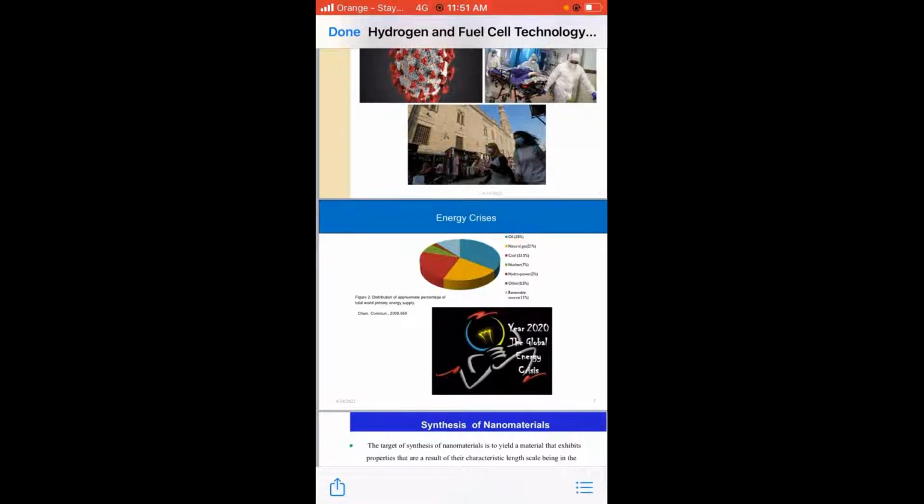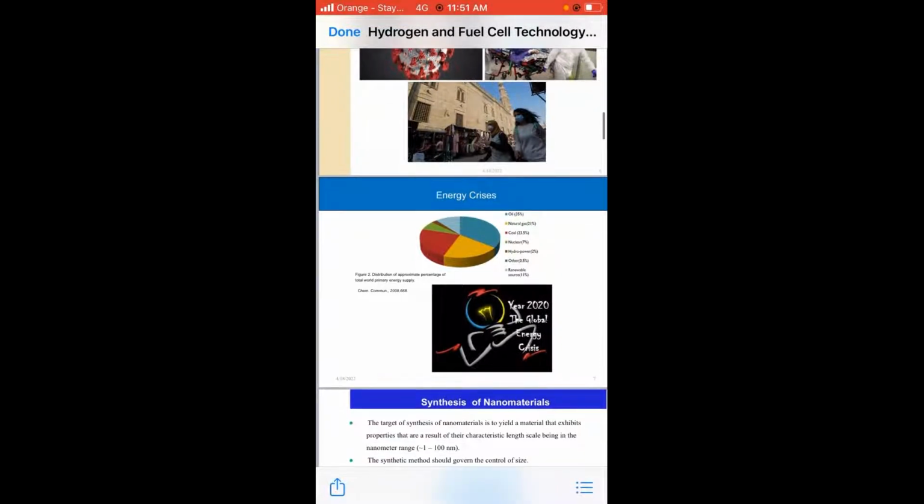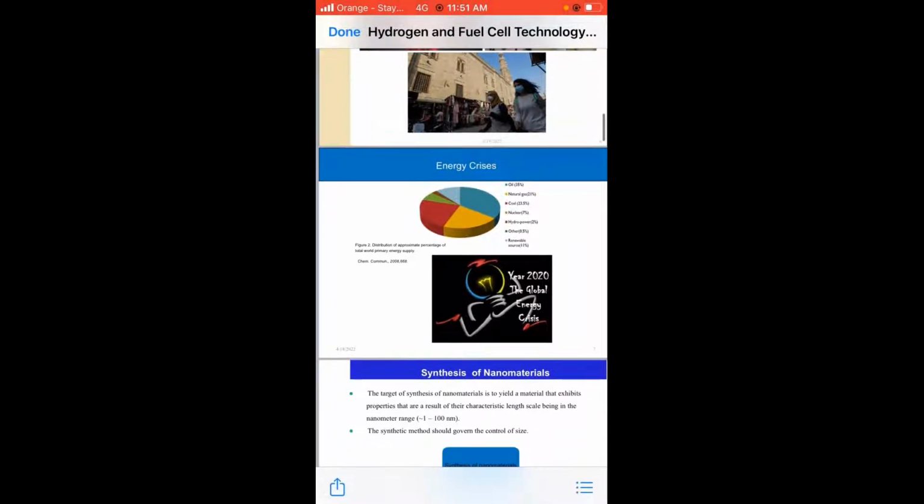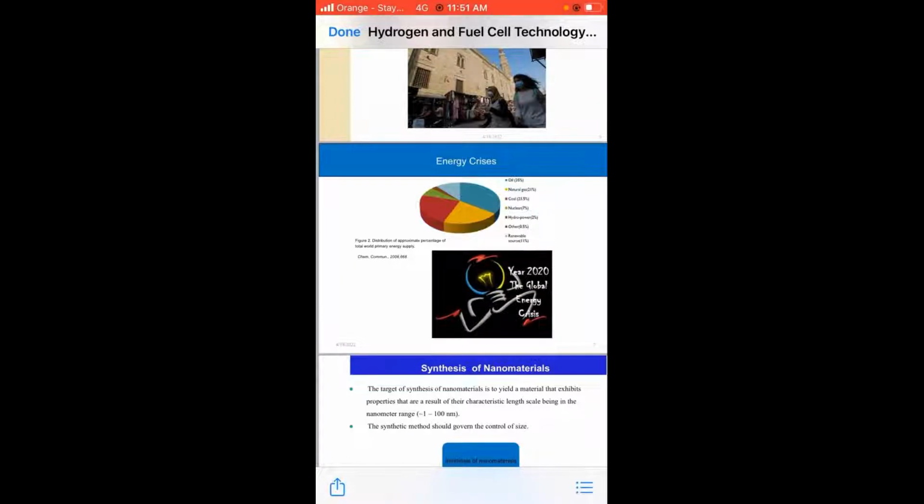As all of you know, from day to day our planet loses some of its resources. In order to cover what we lost and maintain what we have, we need advanced materials, which we call nanomaterials, to commercialize renewable energy.